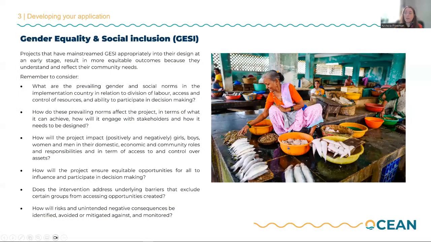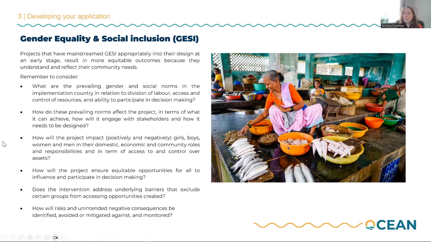Just a little bit more on gender equality and social inclusion. It's really important that projects embed gender equality and social inclusion considerations into their project design right from the beginning, because projects that do this tend to have more equitable outcomes because they've understood and reflected the needs of all parts of the community. So there are some key guiding questions to ask yourself when you're looking at your project design.